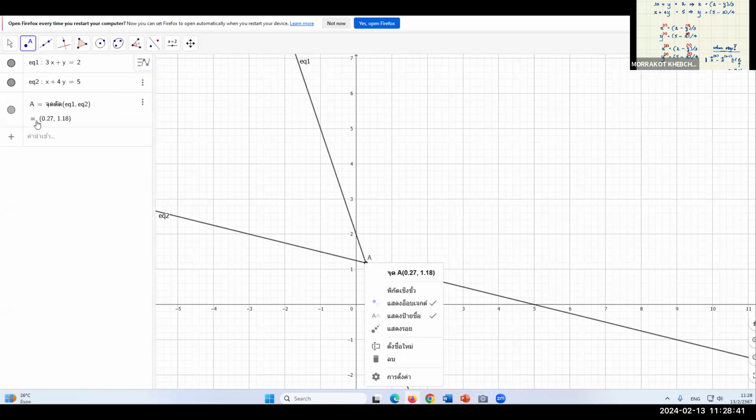Okay. The intersection point is 0.27 and 1.18. This is roughly speaking by using GeoGebra. Okay. Now I will do it as if we don't have these two. If we want to do it, I use Microsoft Excel.